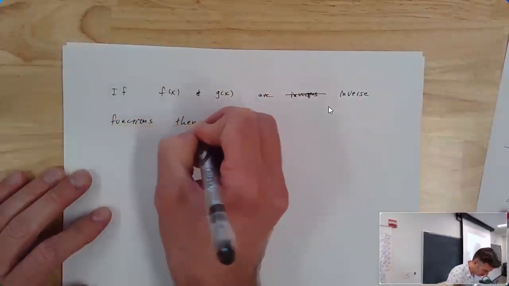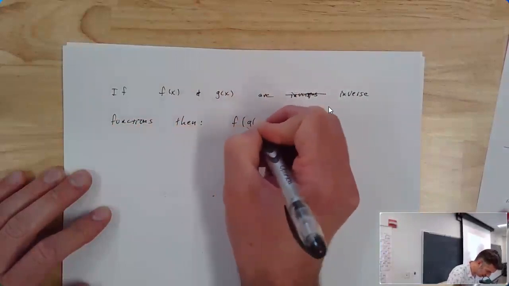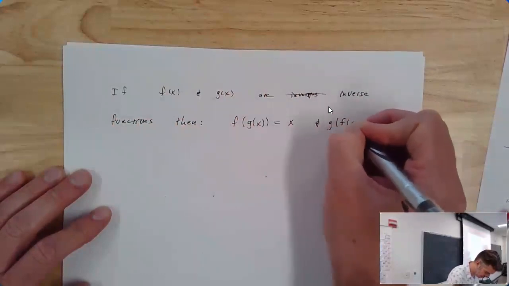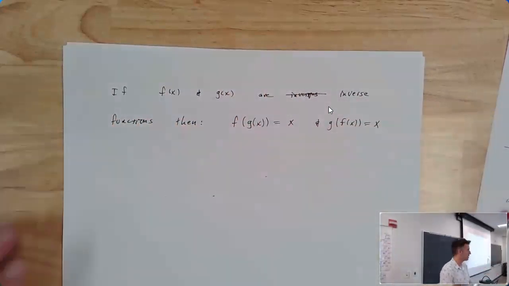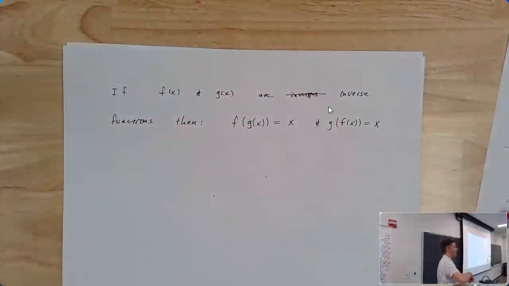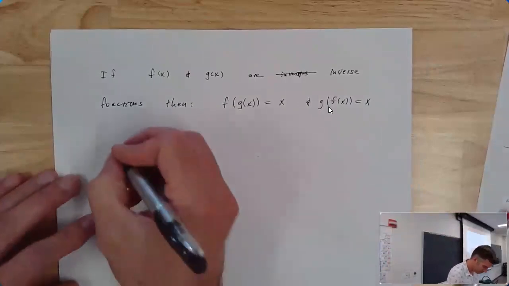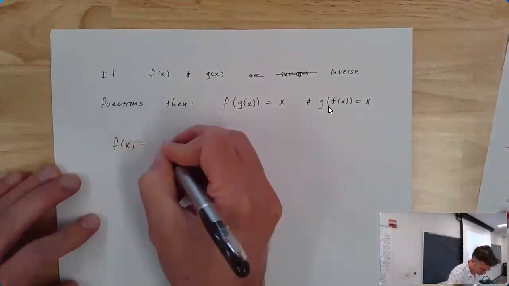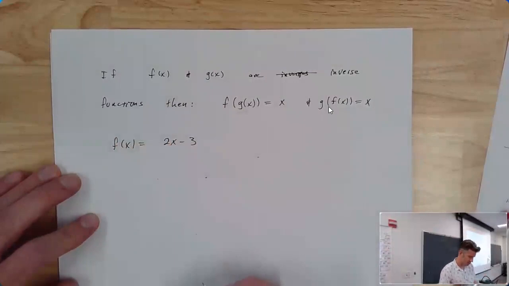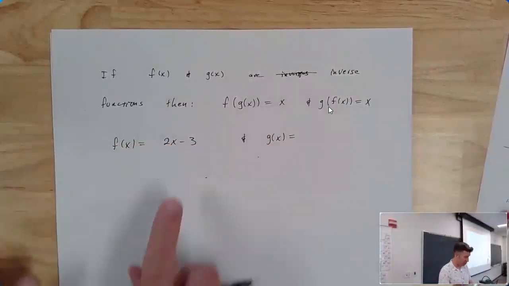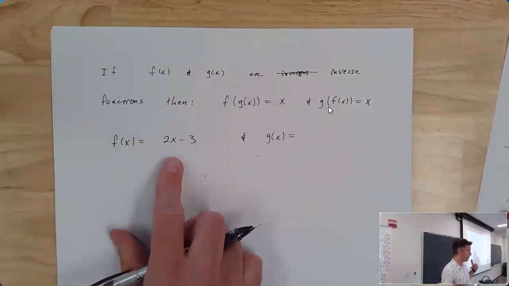Then you get the following. f of g of x has to equal x, and g of f of x has to equal x. Meaning, whatever you start with, one function does something to it, and the other function undoes that. And you get back to where you started. So for example, here are two inverse functions. f of x equal to 2x minus 3, and g of x equal to, so the nice thing about simple ones like this is you can literally talk out how to invert them.